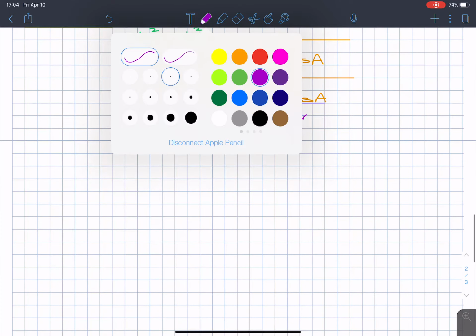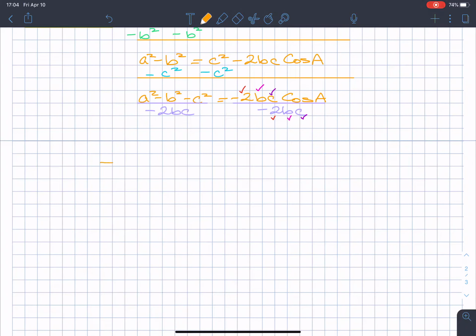So what I'm left with then is that cosine of A will be equal to a quotient, but I'm going to swap the order. I'm going to make it a positive b squared, a positive c squared, and a negative a squared, all divided by a positive 2bc. So I just put the negative into the numerator.